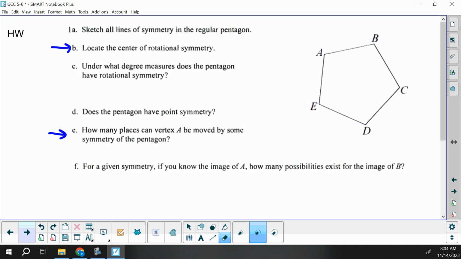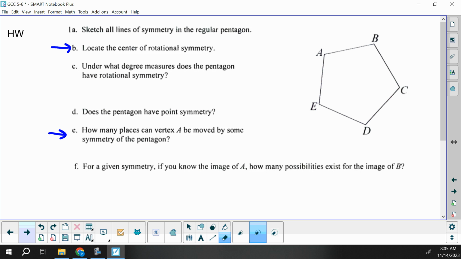For part E, how many places can vertex A be moved by some symmetry of the pentagon? So what you want to think about is if there's any rotational symmetries, when you end up rotating it, what are the different locations that A could end up? And then if you have line symmetries, if you were to fold it over that line, what's a location that A could end up?